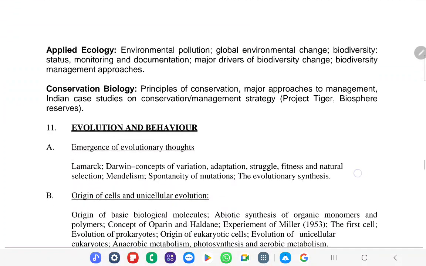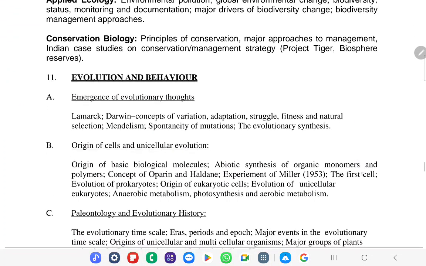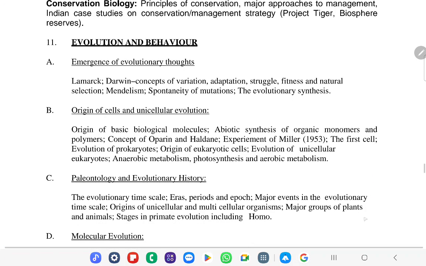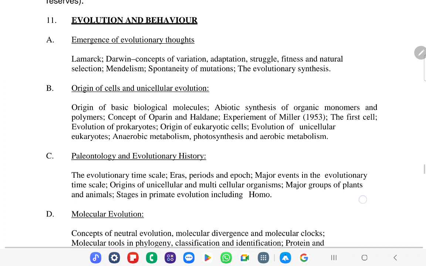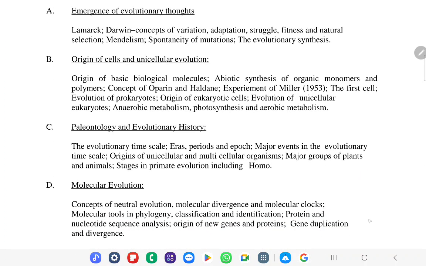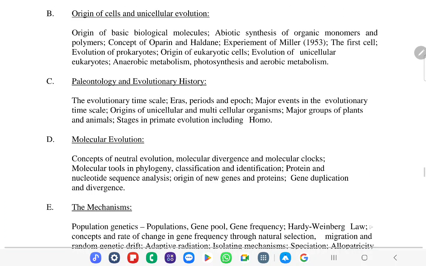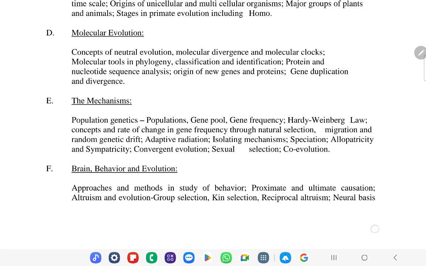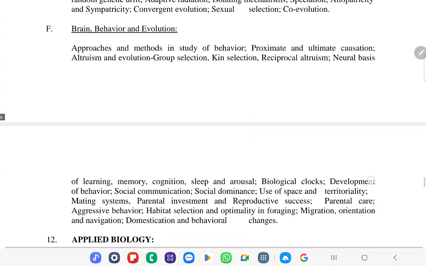Okay, 10 subunits. And the 11th one is evolution and behavior. It covers the emergence of evolutionary thought, Lamarck and Darwin concepts, origin of cells and unicellular evolution, paleontology and evolutionary history, molecular evolution and its mechanisms, and the brain, behavior and evolution.